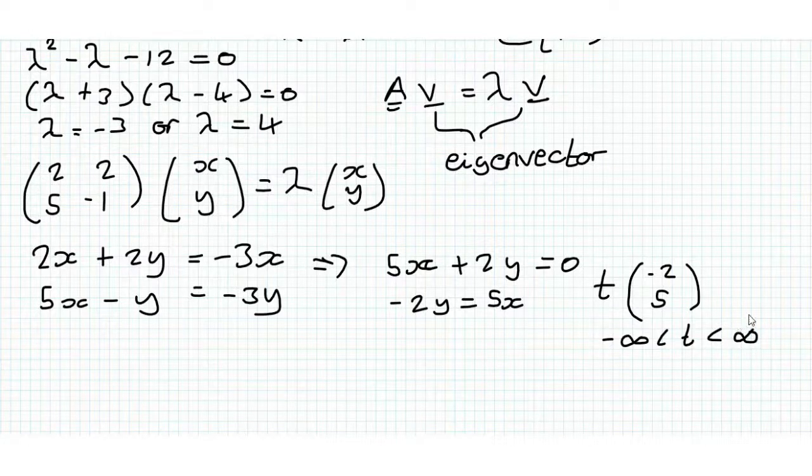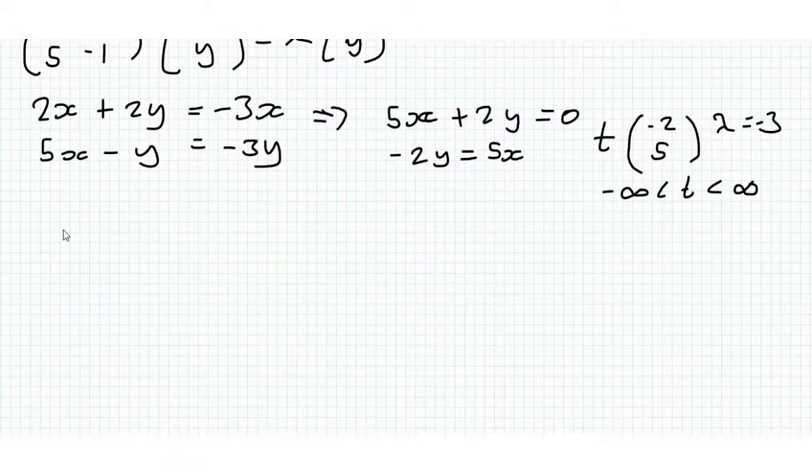Right, so t multiplied by (-2, 5) is the set of eigenvectors corresponding with the eigenvalue lambda is equal to minus 3. Okay, so when lambda is equal to minus 3, any vector that's a multiple of this vector (-2, 5) will satisfy this equation.